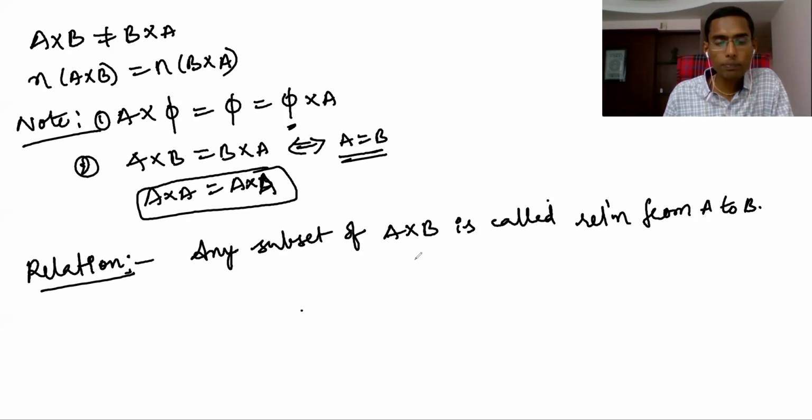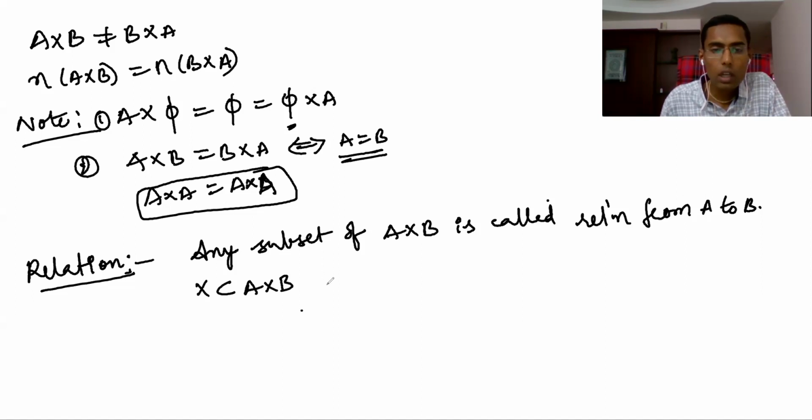All right. So now that means any subset of A cross B. So that is, you see, any subset. Okay, I'll take one subset here. X is subset of A cross B, right? That means here R, you can write, R relation is subset of A cross B. You understand?